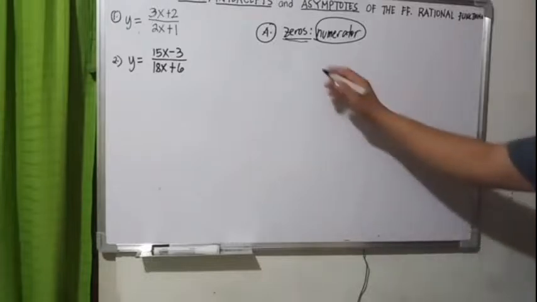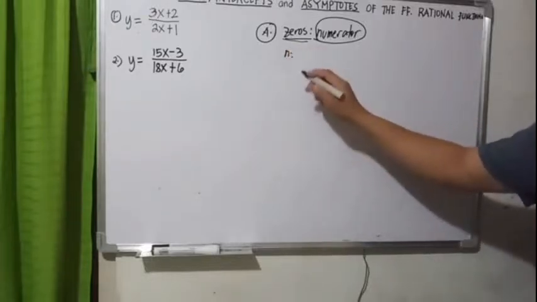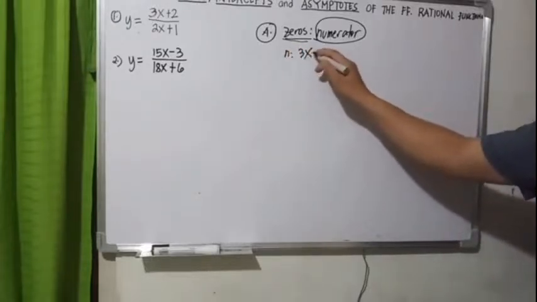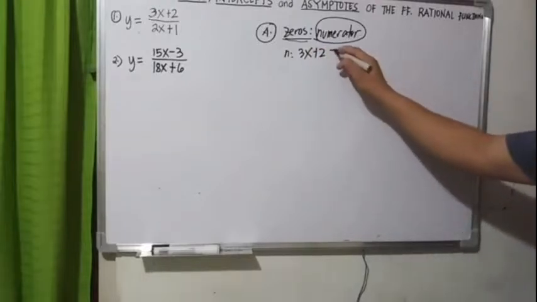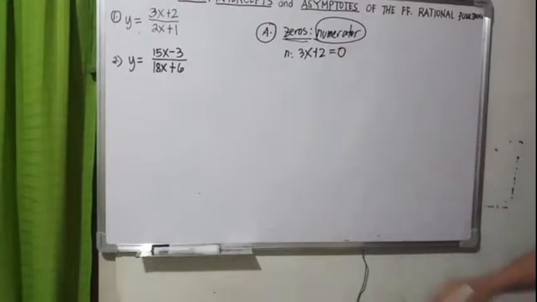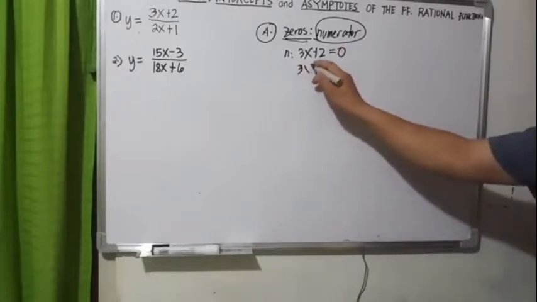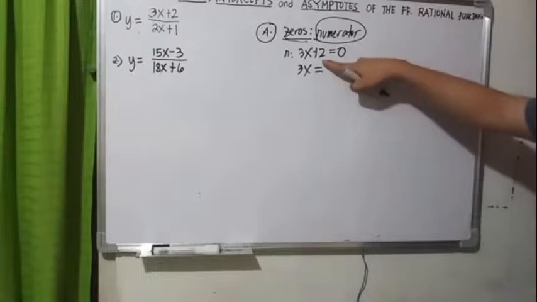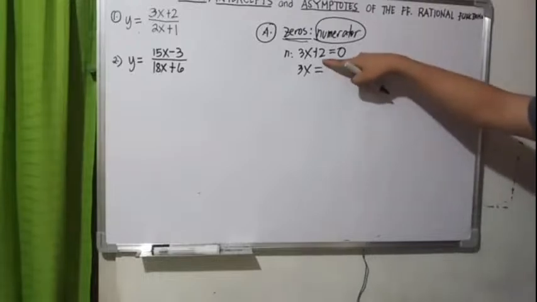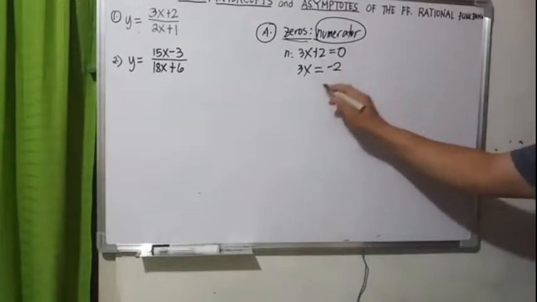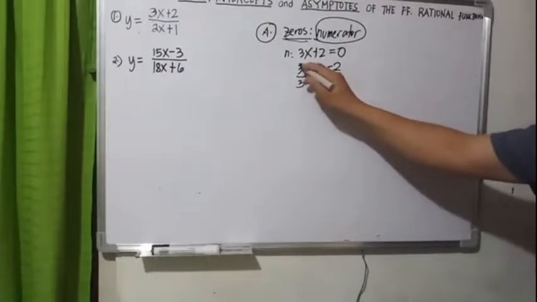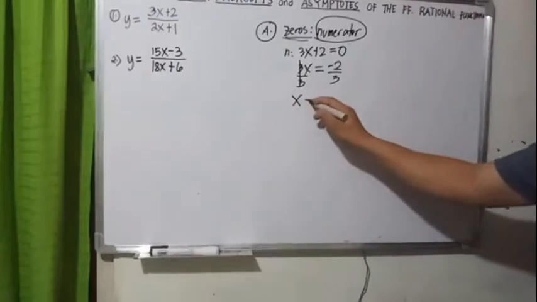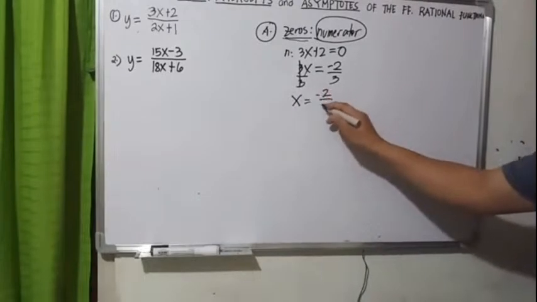So ang numerator is 3x plus 2. Equate lang natin yan sa 0, so magiging equal 0. Next, 3x equals, i-transpose natin yung positive 2 sa kabila, magiging negative 2. Then divide both sides by 3. So the value of x equals negative 2 over 3.